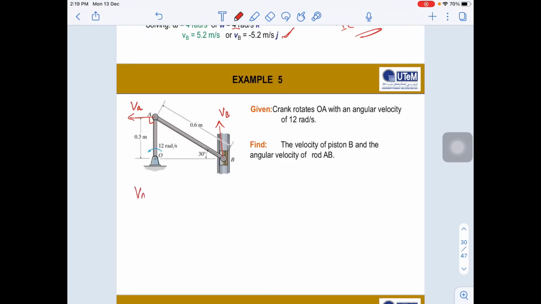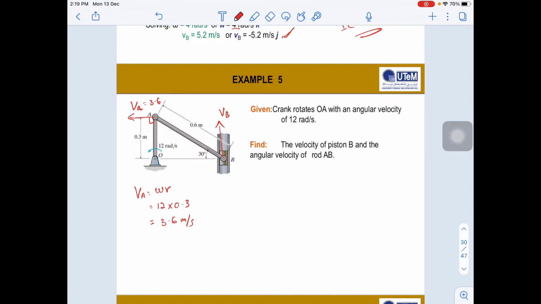Now what is VA? VA equals omega R, which is 12 times 0.3. You should get 3.6 meters per second.